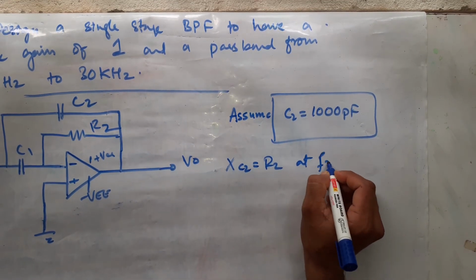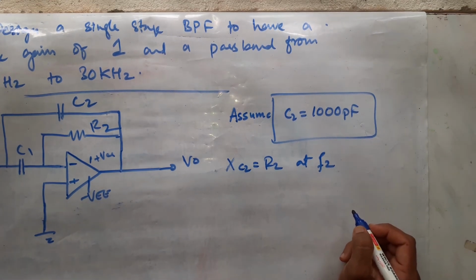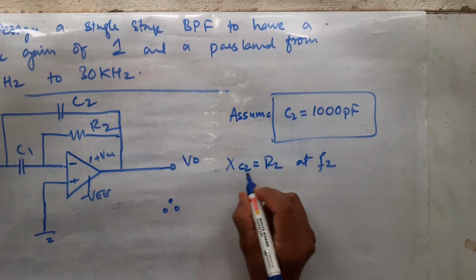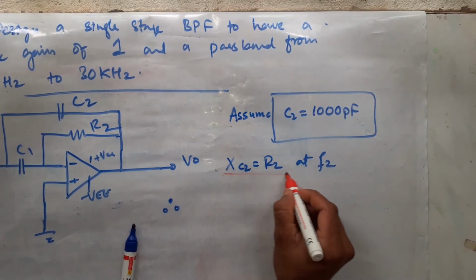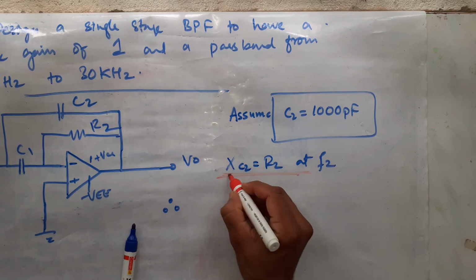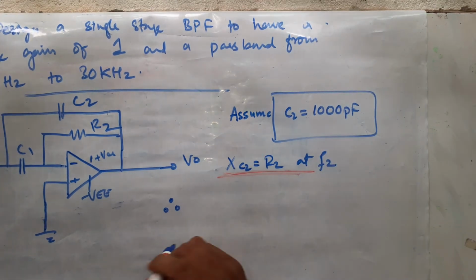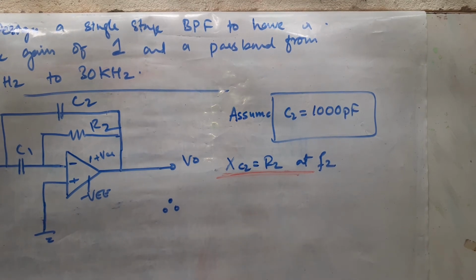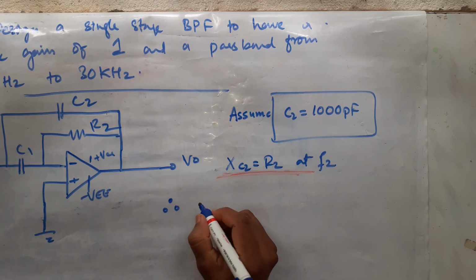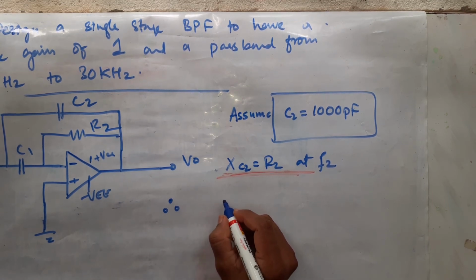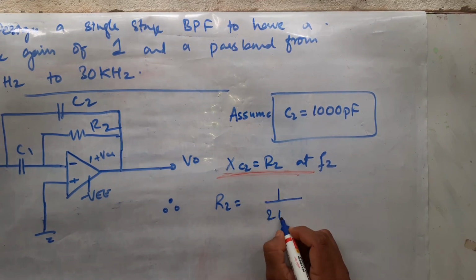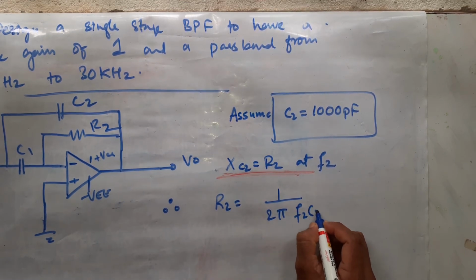This is at higher cutoff frequency. How can I write the formula to find R2? R2 equal to 1 over 2 pi F2 C2.